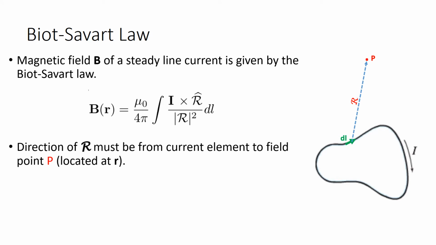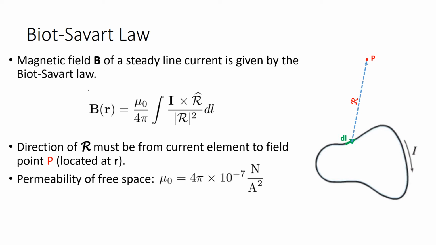We take this and divide it by the magnitude of the separation vector squared. The separation vector is different for each infinitesimal line segment dl.